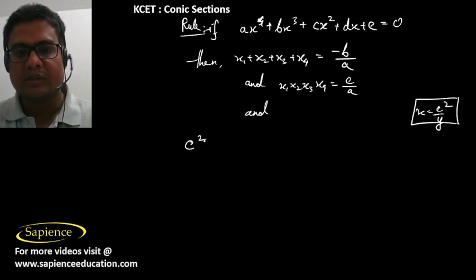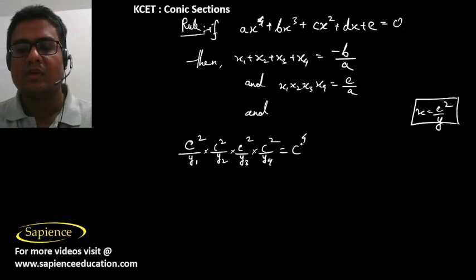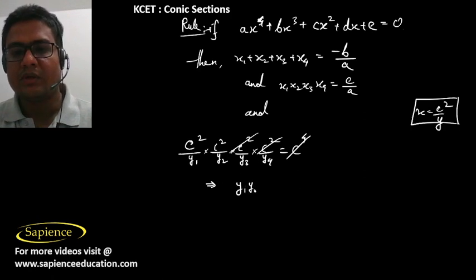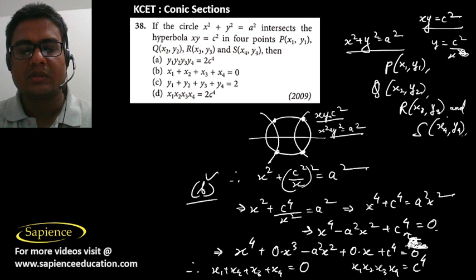So x1 x2 x3 x4 is c square by y1 into c square by y2 into c square by y3 into c square by y4, which should be equal to c power 4. So c power 4 and c power 4 will cancel, and y1 into y2 into y3 into y4 is equal to c power 4 also. But here it is given as 2c power 4, so it is wrong.